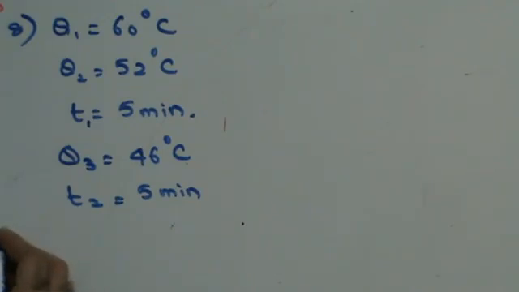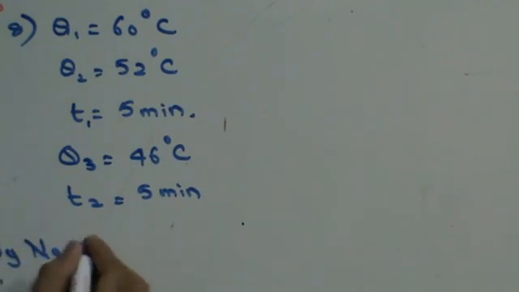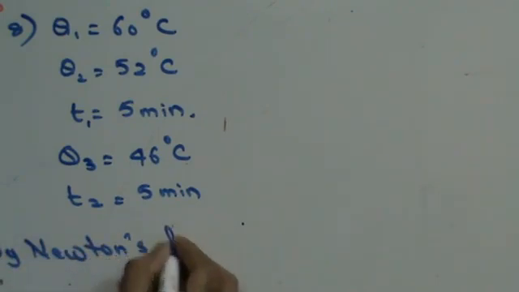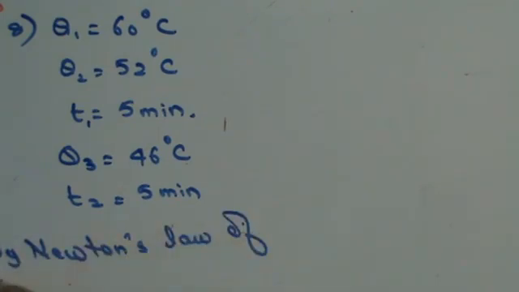Now, by Newton's law of cooling I can say that the rate of cooling is K times theta minus theta 0. So here, since the body is not cooling to the surrounding temperature, I have to take the average of the two temperatures.